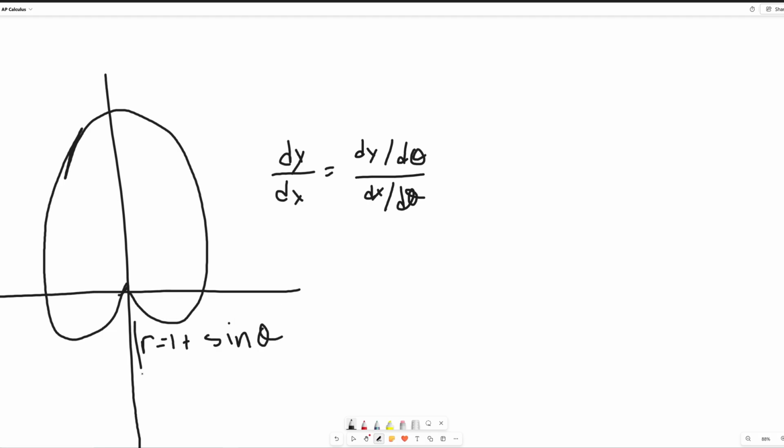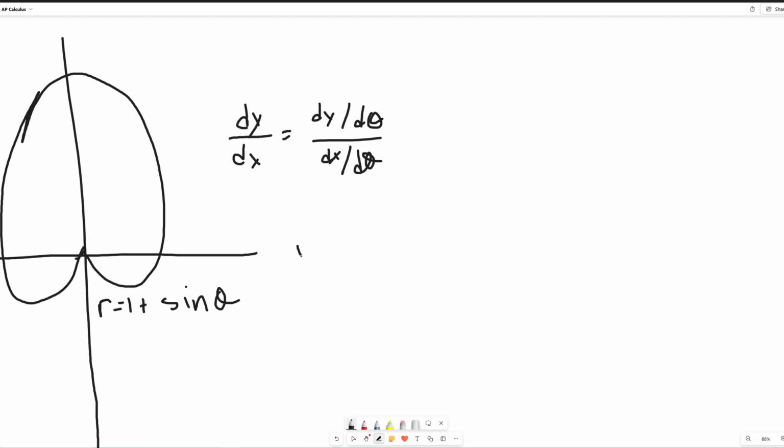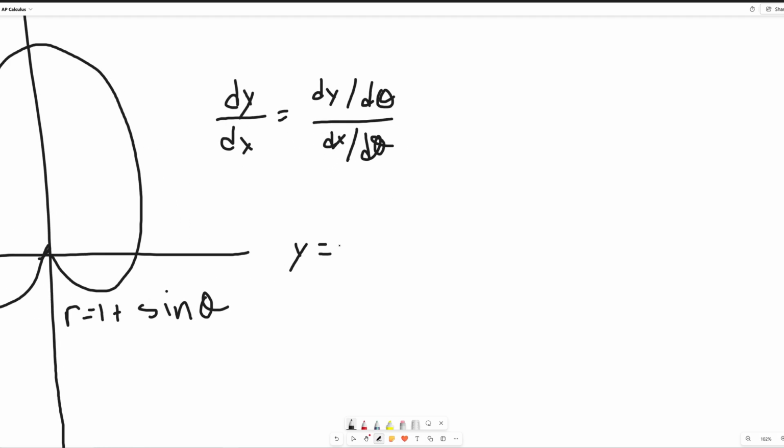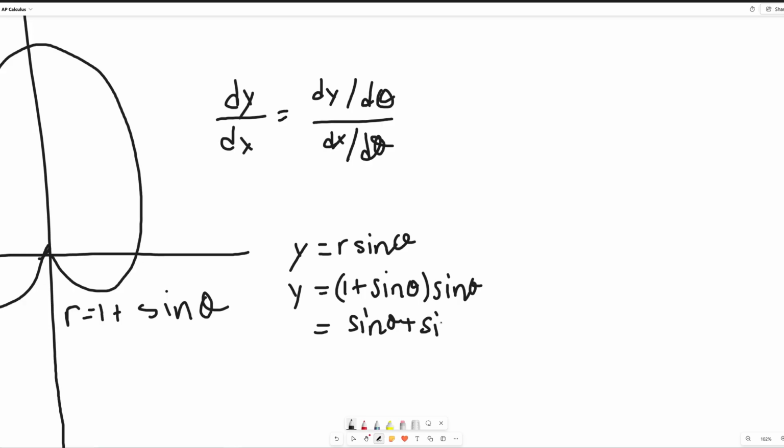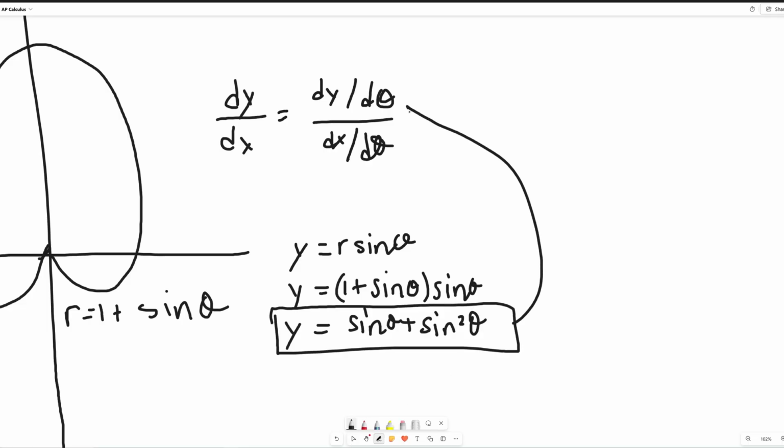How do we get this to be y and theta? Well, y is r sine theta. So in this case, r being 1 plus sine theta, you have y equals 1 plus sine theta times sine theta, which is the same thing as sine theta plus sine squared theta. And now, if you take the derivative of this, you will get your dy over d theta, and you can put it up here.